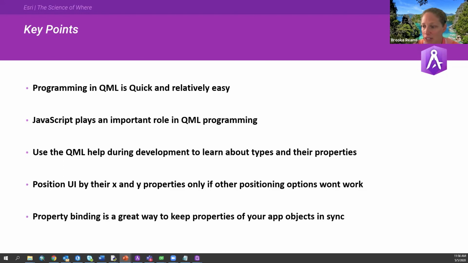We talked about the different ways of positioning elements on the screen. Positioning elements by their X and Y properties isn't typically the best way to do it. You'd only reserve that for when there's no other option that would work. And property binding is a great way to keep properties of your app objects in sync, just like we've seen with binding the width of the toolbar to the parent.